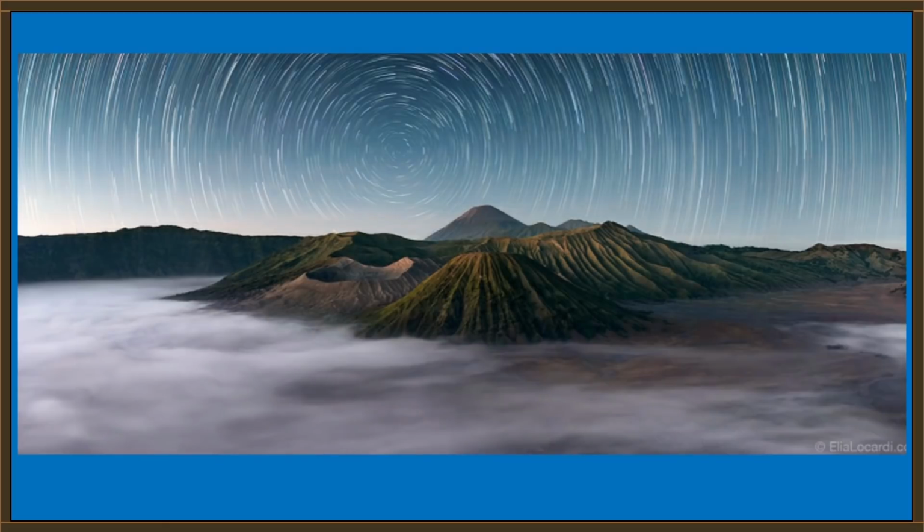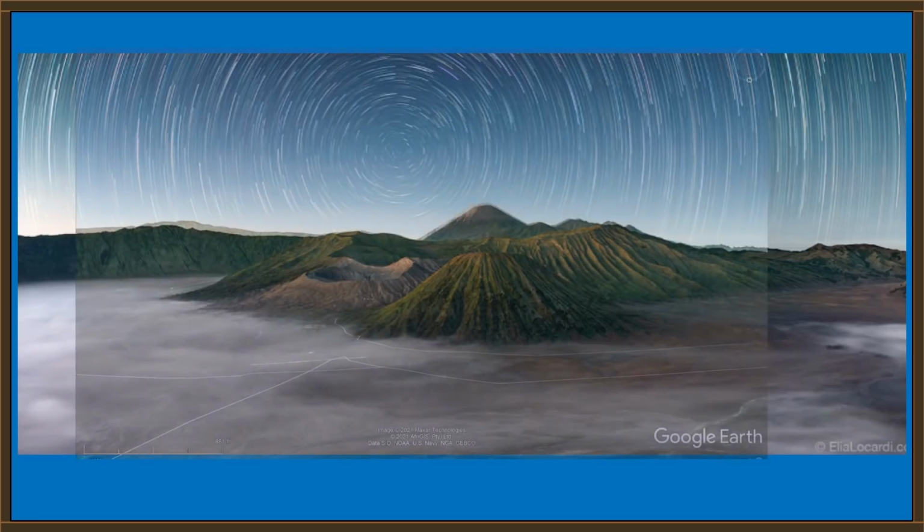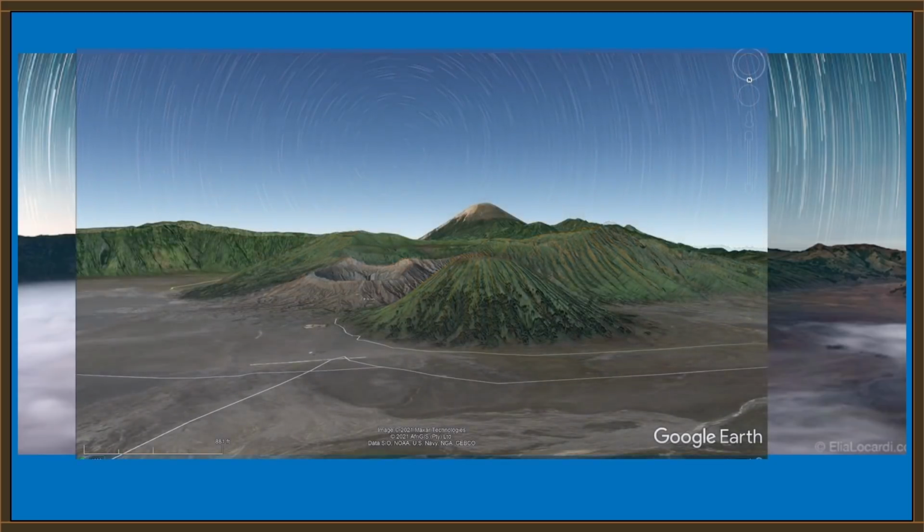Well, I'd say that matches pretty well. Let's try it again. There you go. That Google Earth screen capture does a pretty good job of matching the actual photograph, despite the fact that I don't know exactly where the photographer was at the time he took the picture.